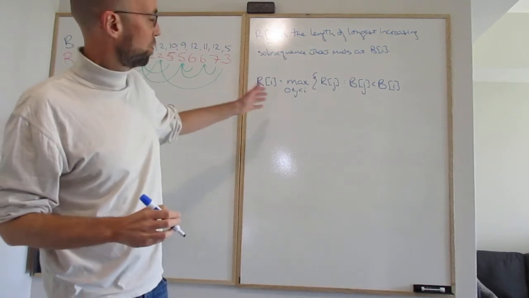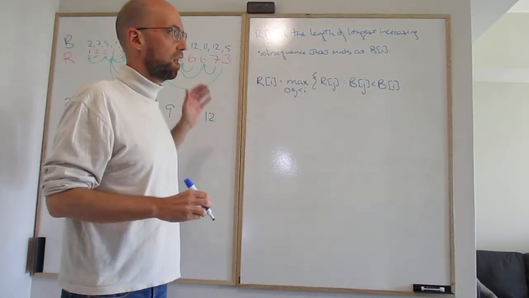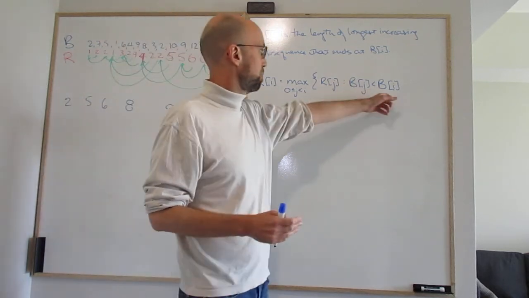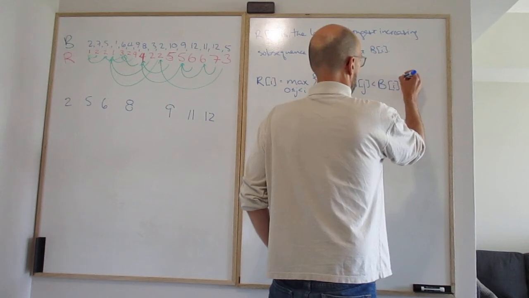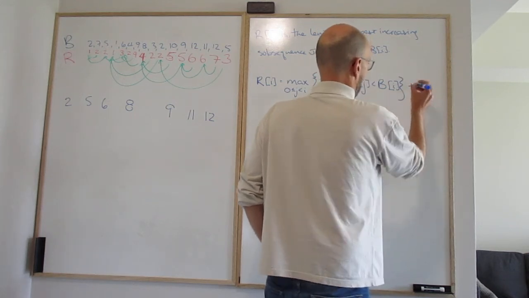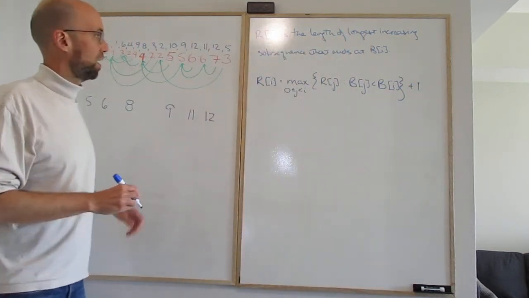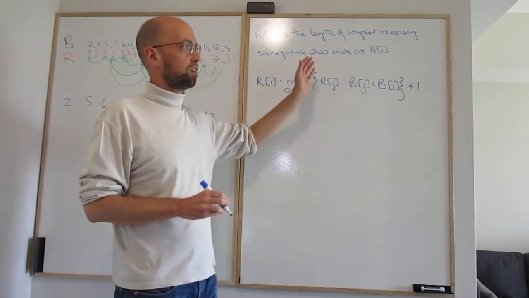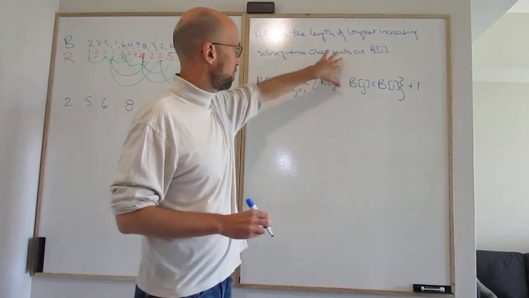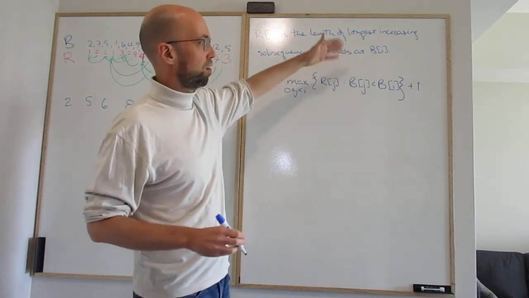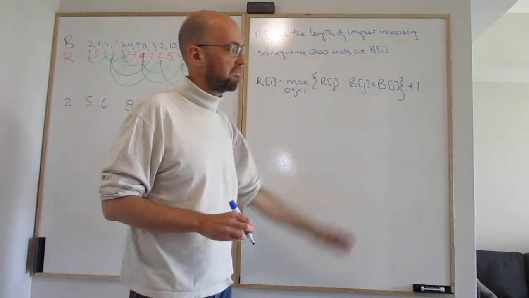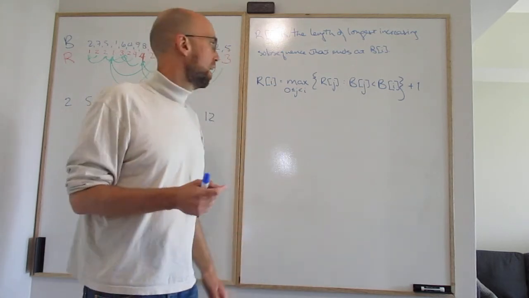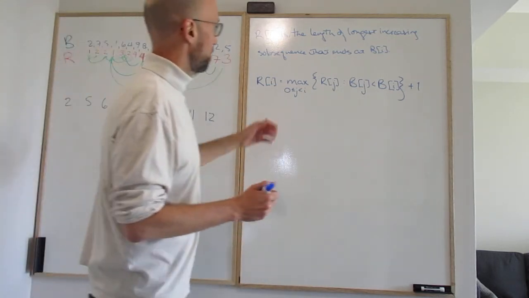Let's count from 0, so that this is easier to write in C later. So we're looking for the largest length that ends at something that is less than Bi. Then we add 1, because we can add Bi. We define this so that if it is empty, then it is 0, and then we add 1. You handle that case. So this is the recurrence.